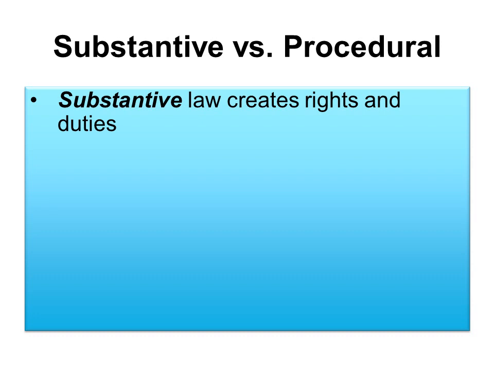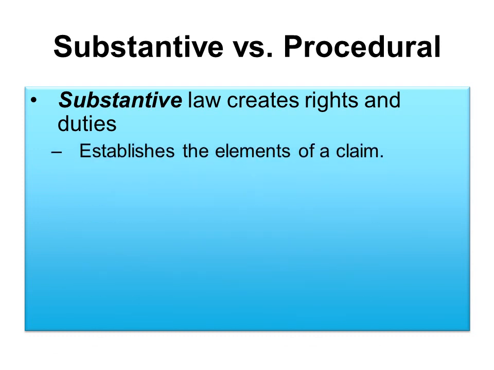It defines what kinds of actions could violate the criminal law, and also, in a civil context, what our rights and duties are to each other. It establishes these elements we were talking about. If your duty is not to steal, then the substantive law on theft would explain what your rights are. Your property is protected, and if your property is stolen, then the following elements need to be met. That's substantive law.